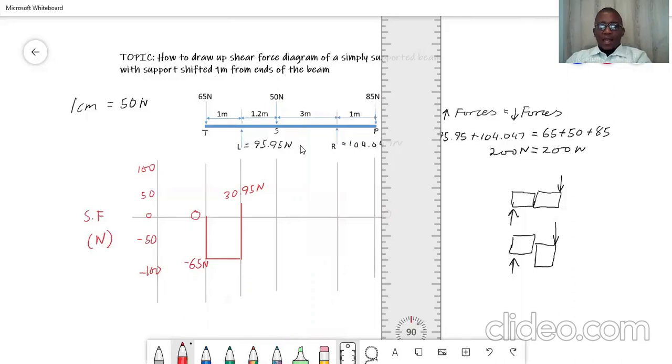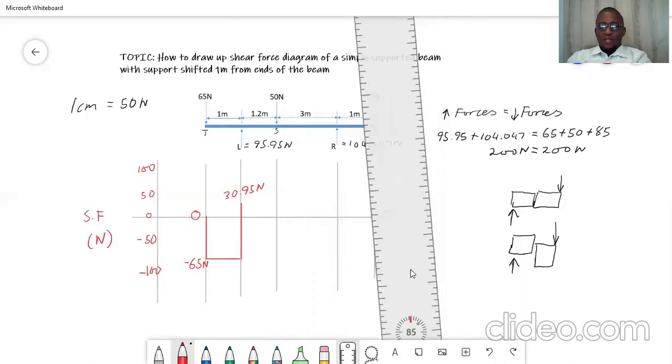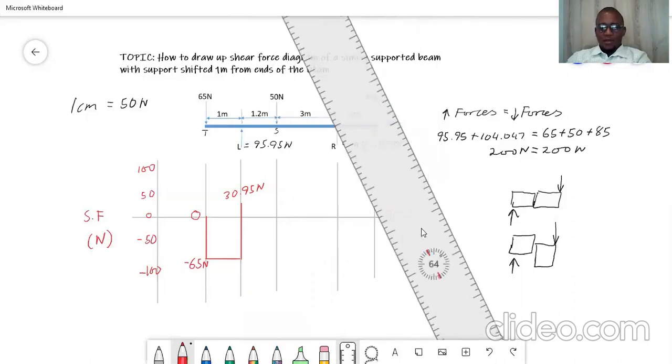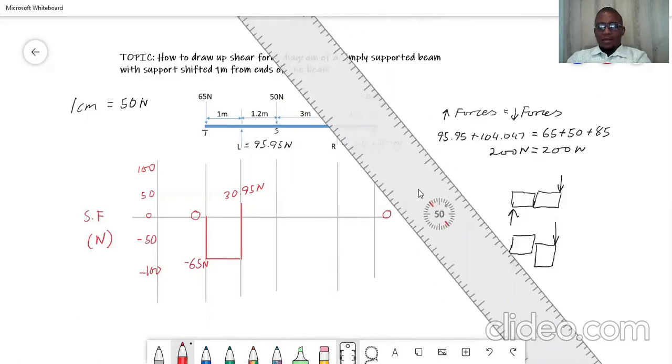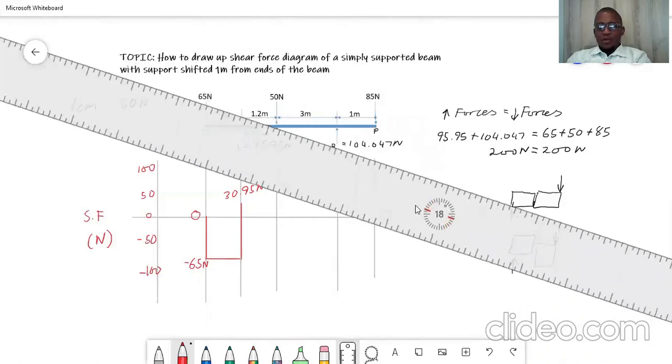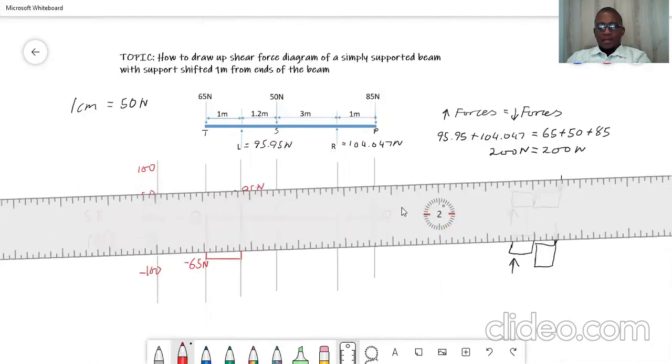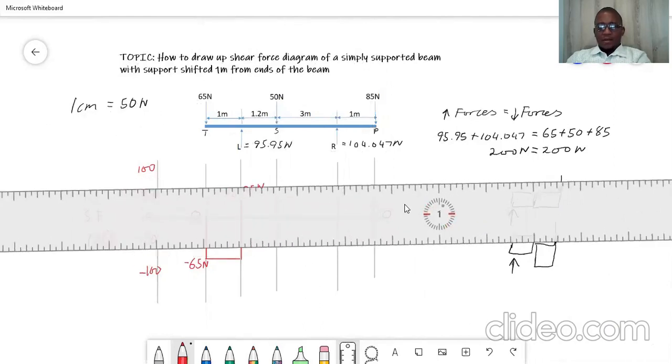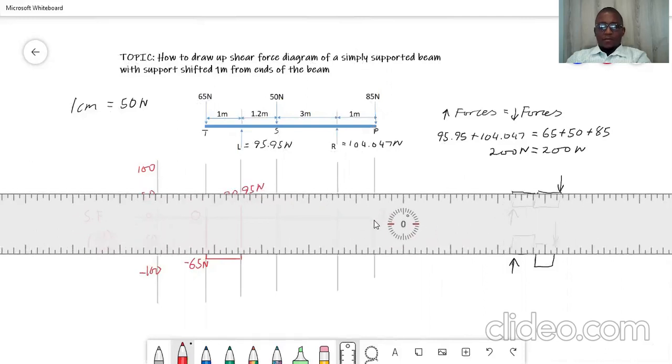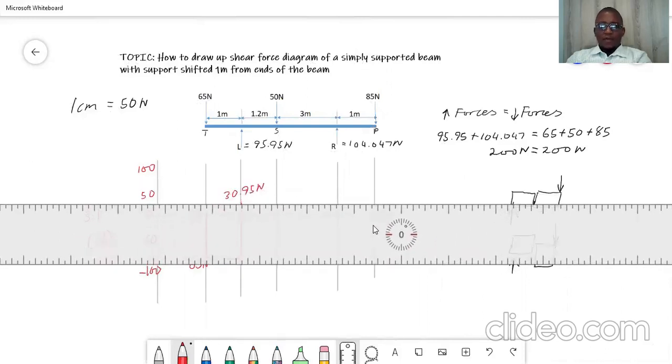So between L and S, there isn't any force that has an impact on the beam. So we just have to draw our straight line from L to S.